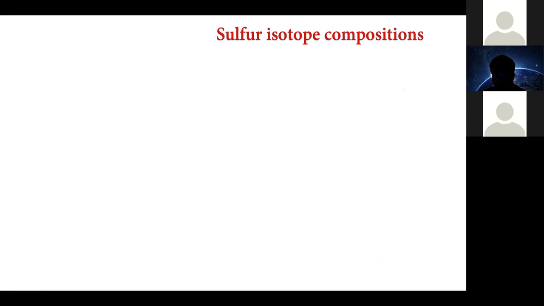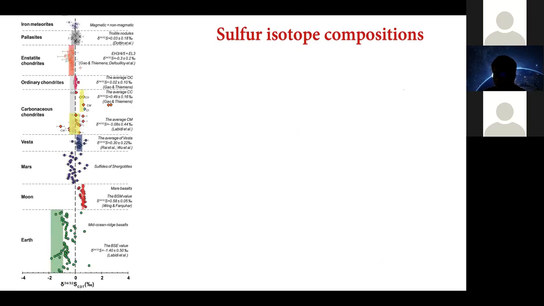We want to use the isotopes to trace the origin and evolution of volatile elements such as sulfur isotopes. So here we summarize the literature data in this figure. We can see the bulk silicate Earth here, the green shadow here, has a lower sulfur isotope composition than any type of chondrites, including carbonaceous, ordinary, and enstatite chondrites.